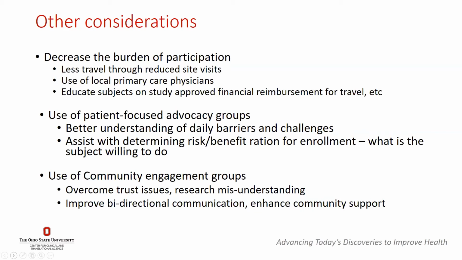This is something that, again, during the time that you're designing your study, can you decrease the travel by the number of site visits that the patient has to make?